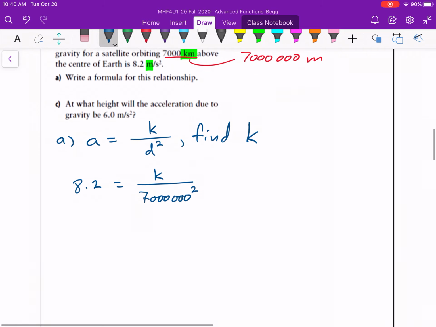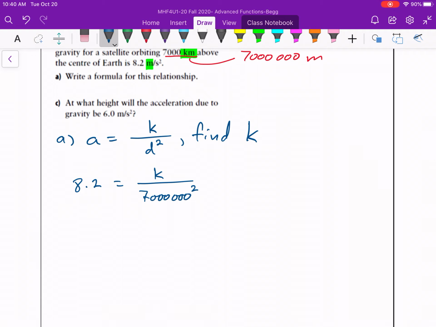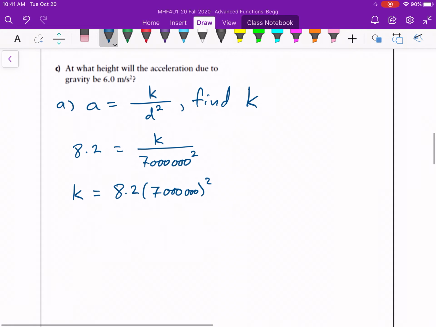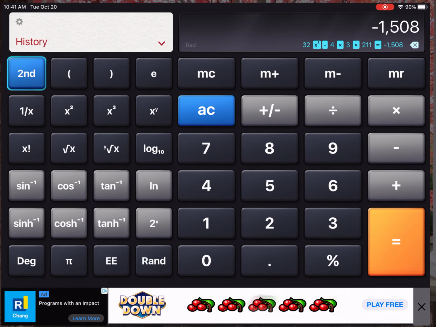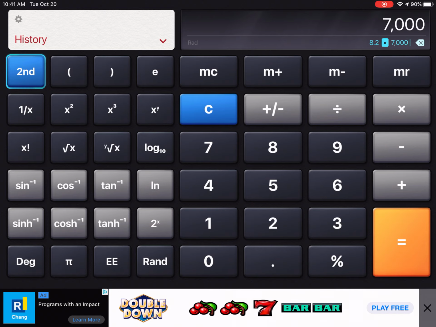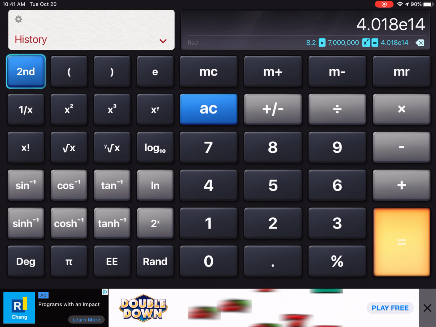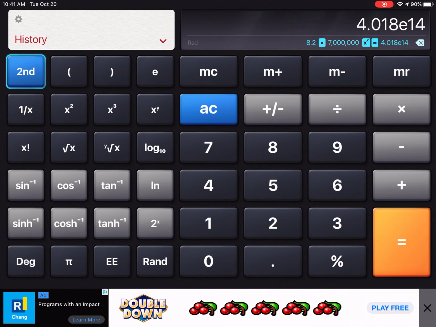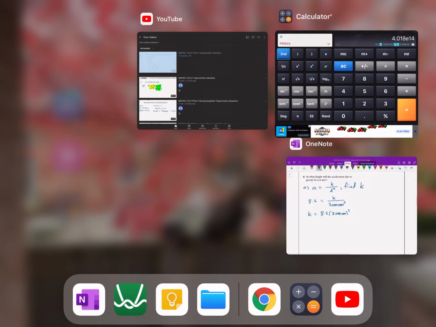And I have to isolate K. So if I multiply both sides by 7 million squared, I'll get K by itself, and I'll have 8.2 times 7 million squared. So 4.018 times 10 to the exponent 14 is how we can read that.